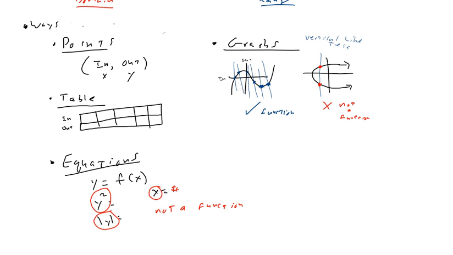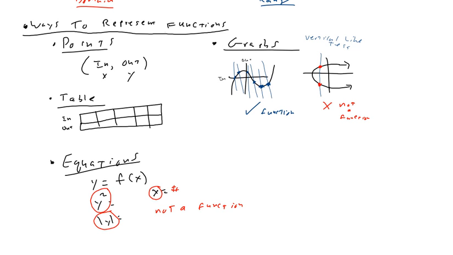Let me try rewriting this. Ways to represent functions: points, graphs, tables, equations. And there are ways to tell if something is a function or not.